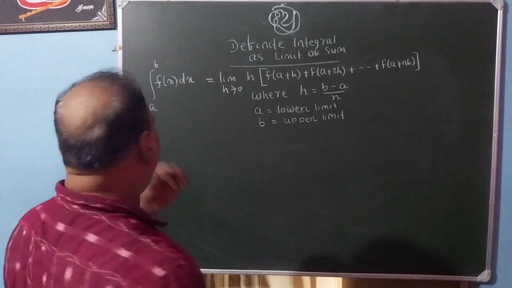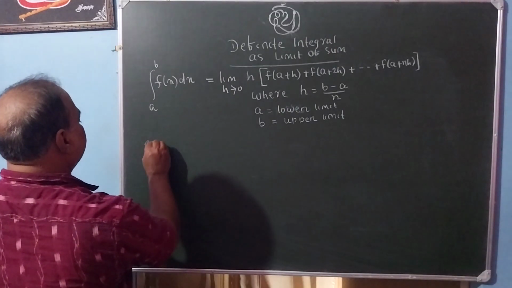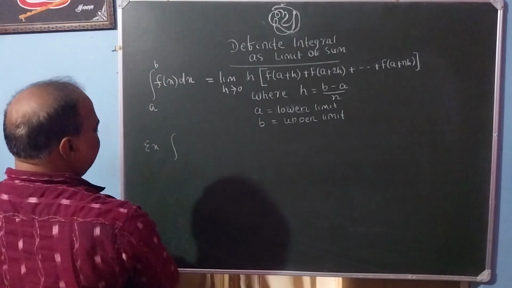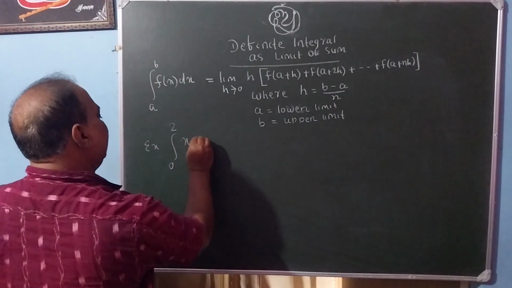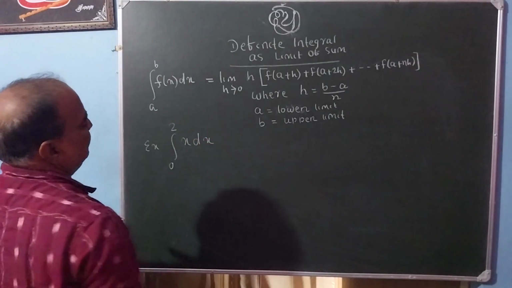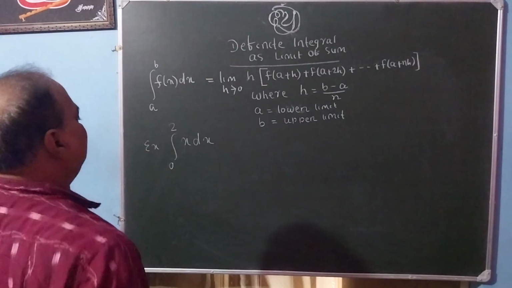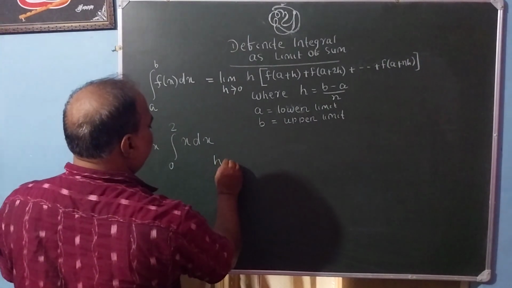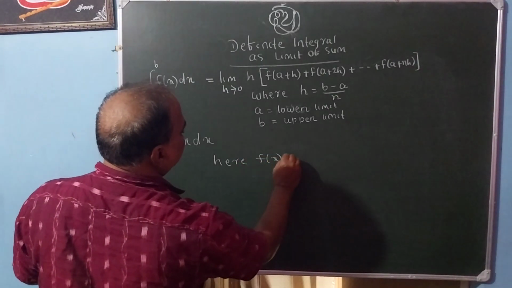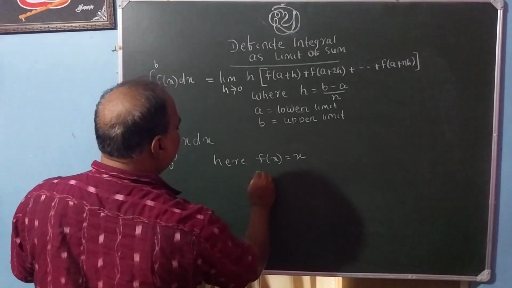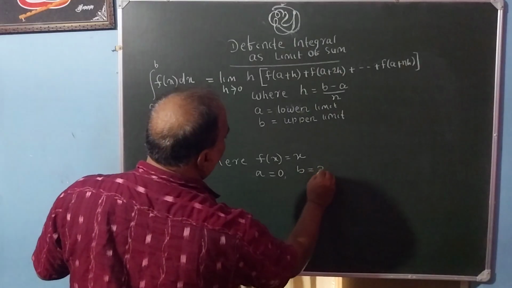Using this formula, how can you integrate? One example. So write down one example: integration of 0 to 2 x dx. Here we write f(x) is equal to x, a is equal to 0, b is equal to 2.